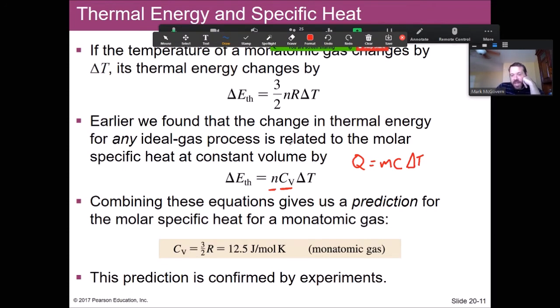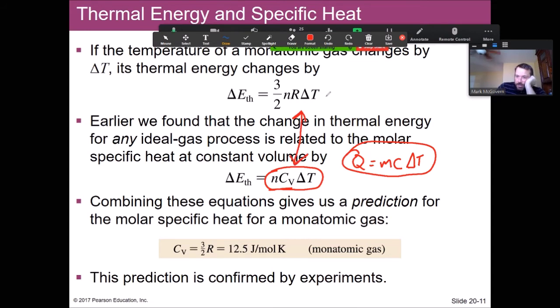And so this is an alternative expression that can take the place of this one if you have other information, like you have moles instead of having mass. Well, if you're dealing with a gas, and we equate these two expressions together, look at these two.